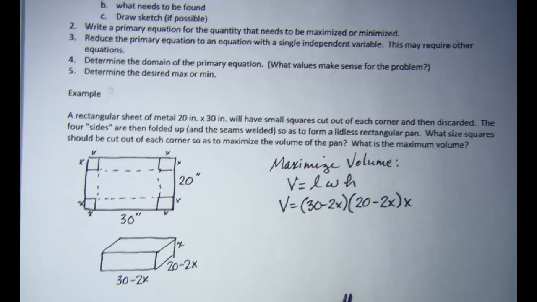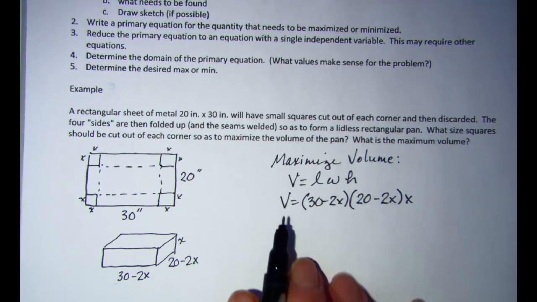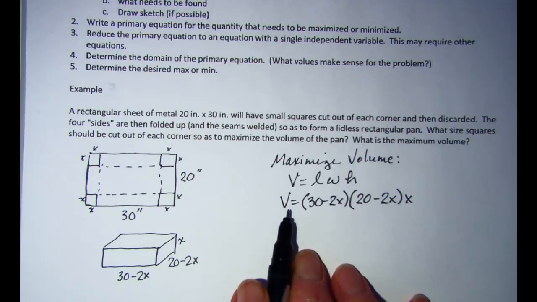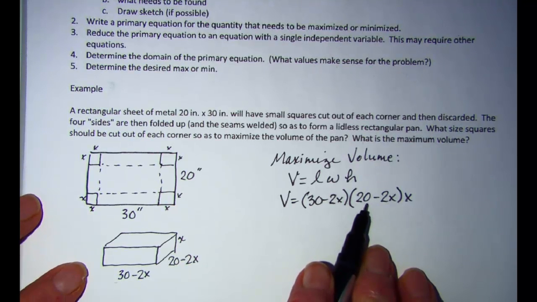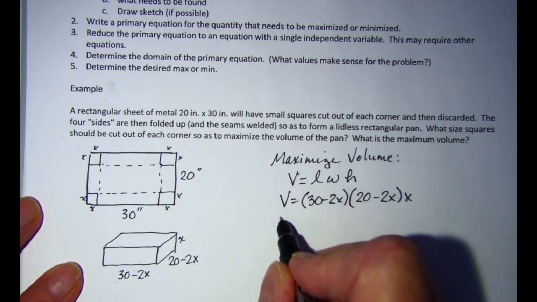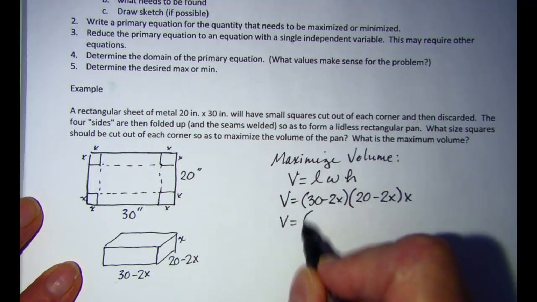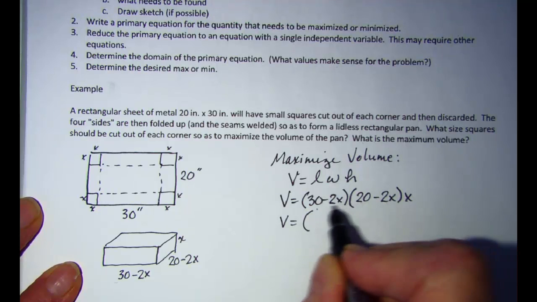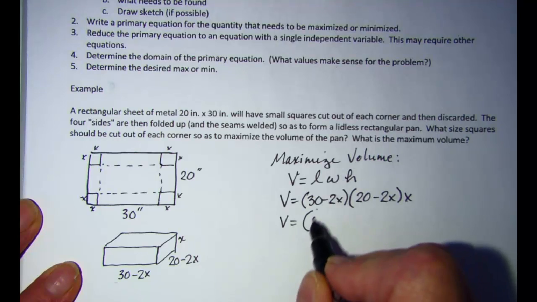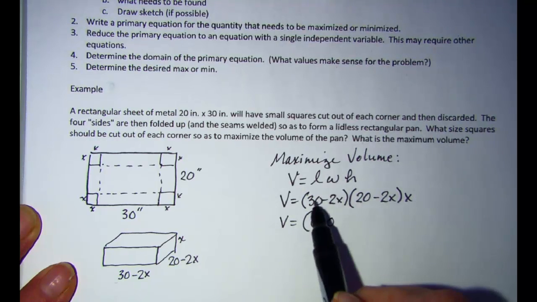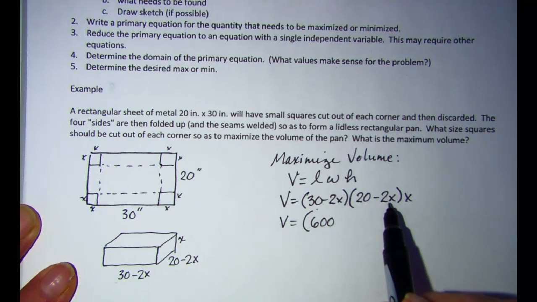Now we're going to need to find the derivative of this volume expression so that we can find the max. I'm going to multiply this out just to make our derivative process easier. I'll take the first two binomials first. We have 30 times 20 is 600. 30 times negative 2x is negative 60x.